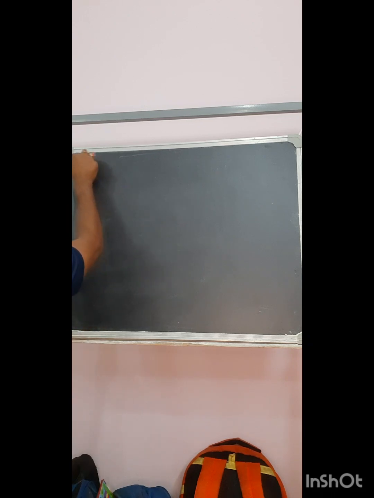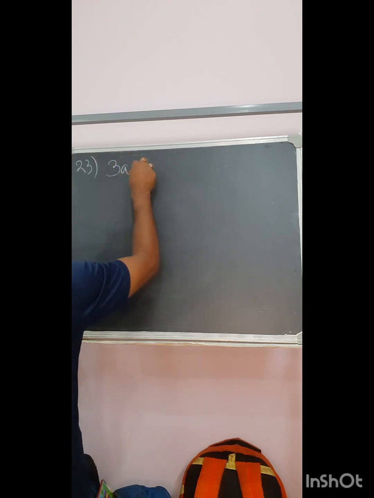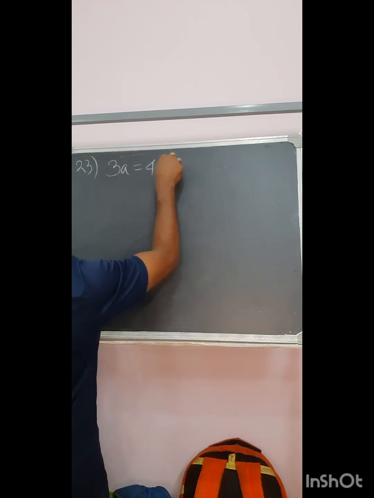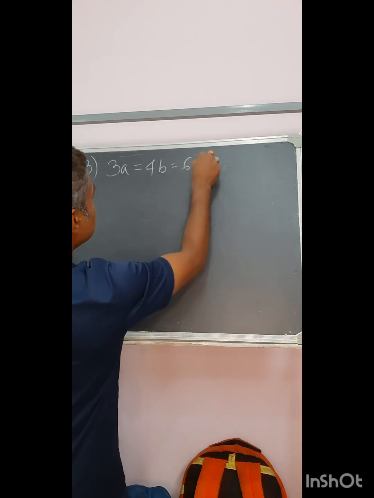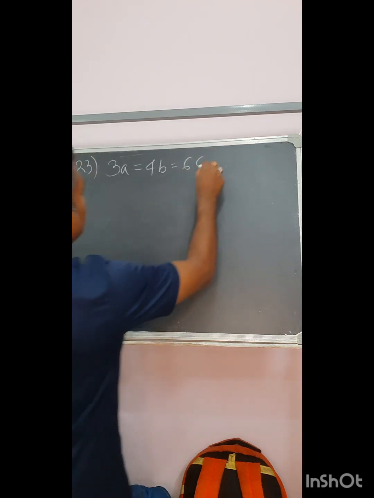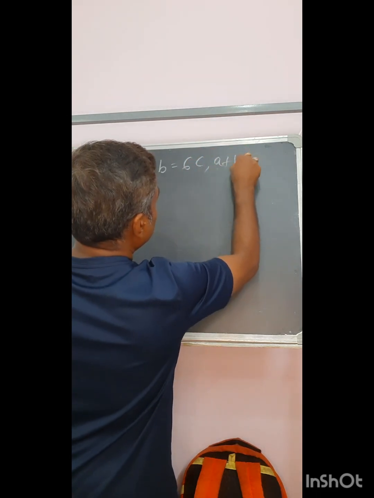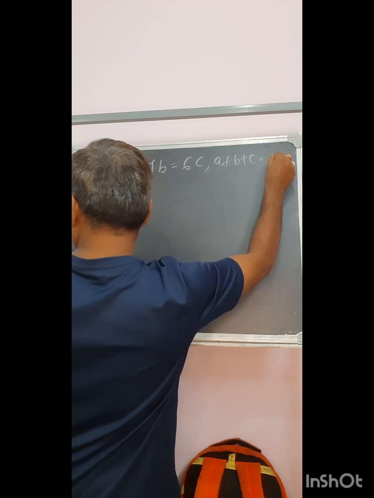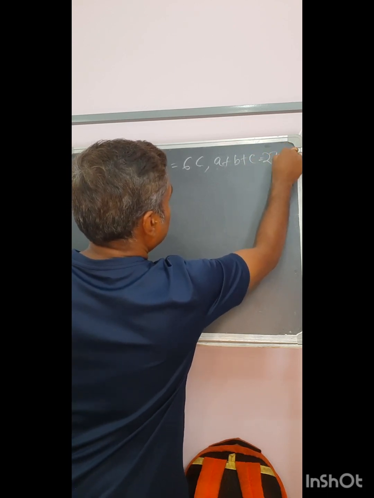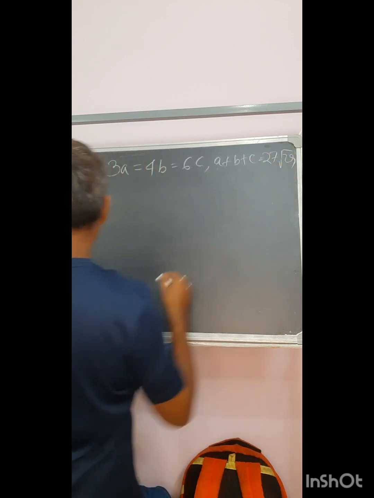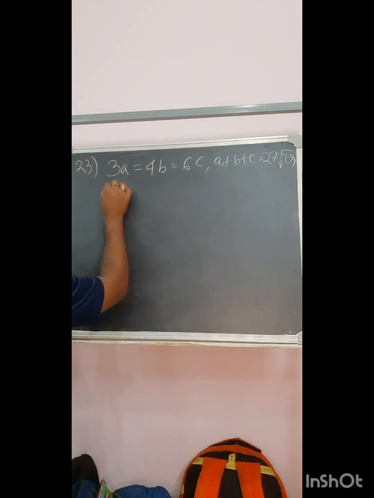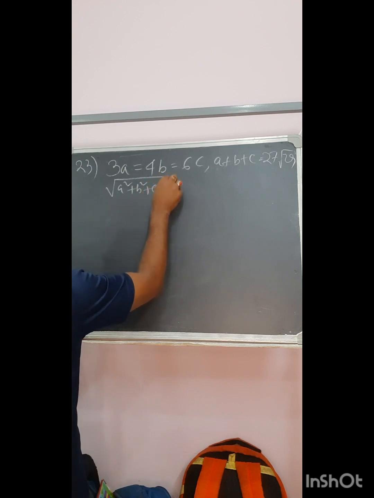The next one, the last one for this class, is 3a is equal to 4b is equal to 6c, and a plus b plus c equal to 27 root 29. So you have to find the square root of a square plus b square plus c square.